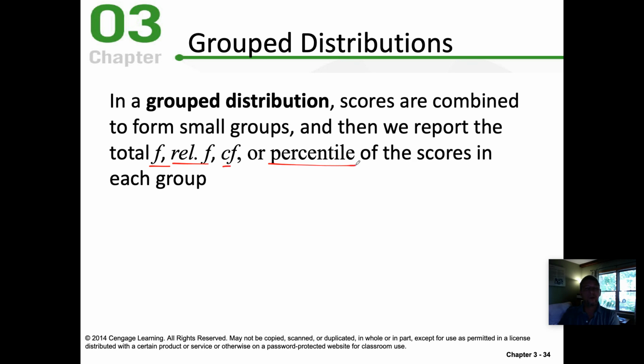So when you're looking at these things, you're doing exactly the same thing that you would do for an individual distribution, where you're counting each score and calculating the frequency, relative frequency, cumulative frequency and percentile. But rather than do it 100 times, maybe you only do it 20. Or maybe you even make the groups bigger and therefore have fewer calculations, 1 to 10, 11 to 20.